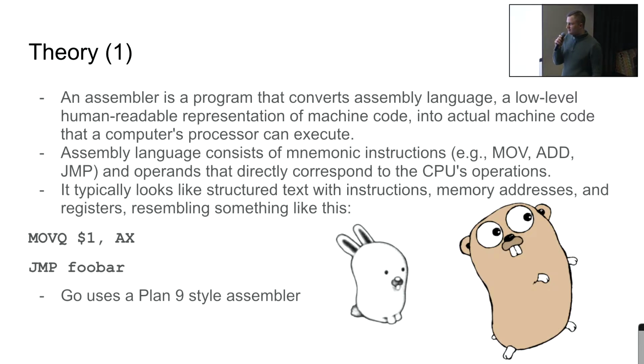First fun fact, Go uses a Plan 9 style assembler. For those who don't know, Plan 9 is kind of this niche distributed operating system that came out of Bell Labs in, I think, the 90s. It was initially written by Rob Pike, Ken Thompson, and other people. So you might know Rob Pike as also one of the initial authors of Go.